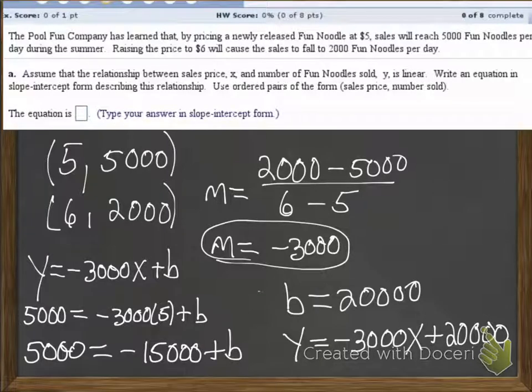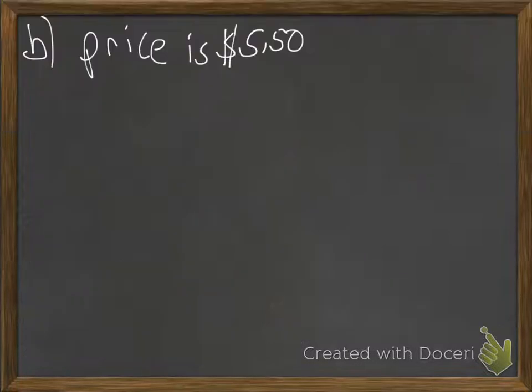Well, that's an X value, because price is X and number sold is Y. So that 550 that they're giving us, that's an X value.